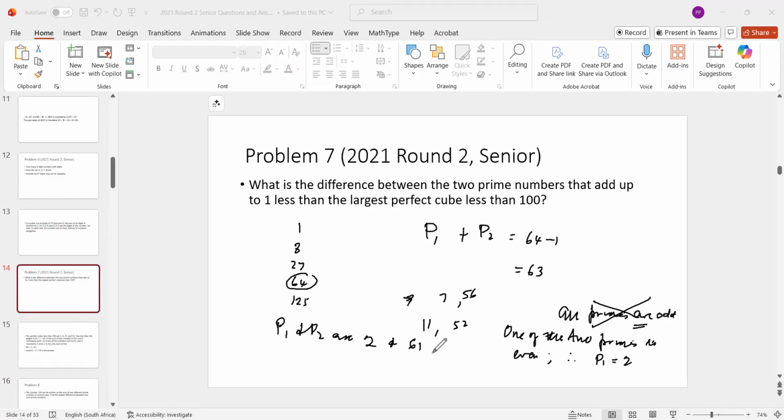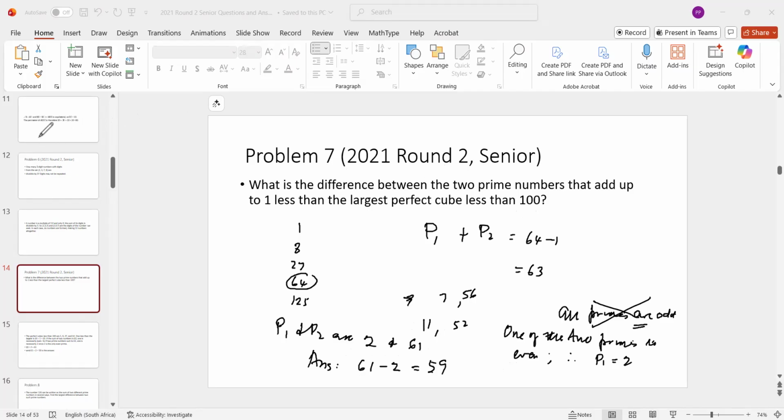So these are the two prime numbers in the question, but they want to know the difference. So you just subtract 61 minus 2. The answer is 59. The question is, what is the difference between these two prime numbers? It's quite a mouthful to read this thing, but if you read it slowly, you'll be able to understand it.